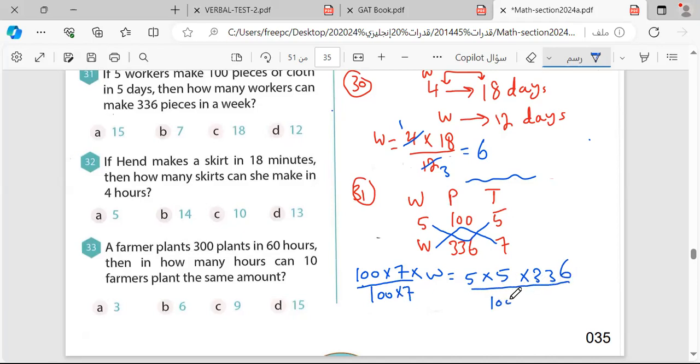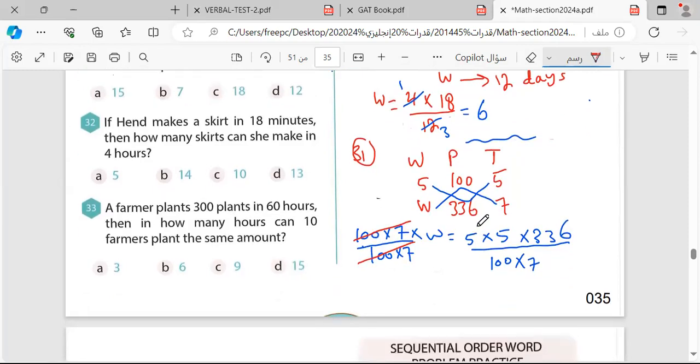Without multiplying first, you can simplify right away. Divided by 5 will be 20. Divided by 5 equals what? Also 4. And divided by 4, 336 will be 84, right? 84 divided by 7 equals what? 12. So the answer is 12.